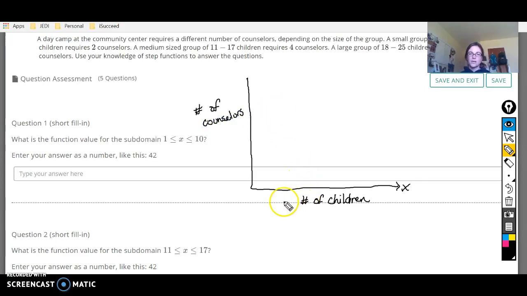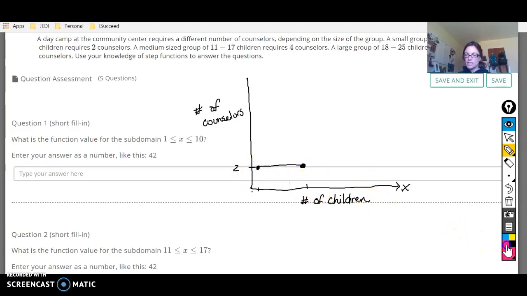When we have 0 to 10 children, or essentially 1 to 10, let's say that 10 is here, we have to have 2 counselors. So that's up to, and including, 10.